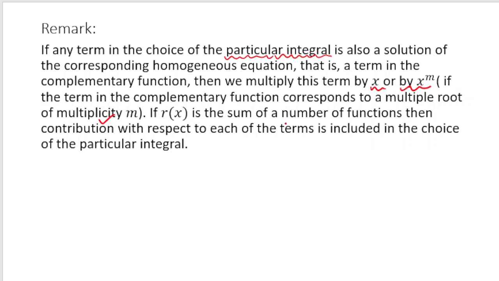If Rx is the sum of a number of functions, then the contribution with respect to each of these terms is included in the choice of particular integral.